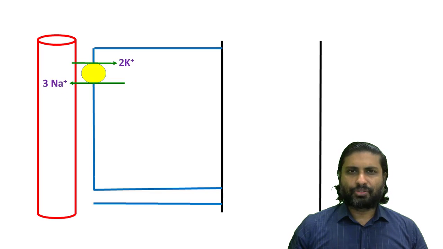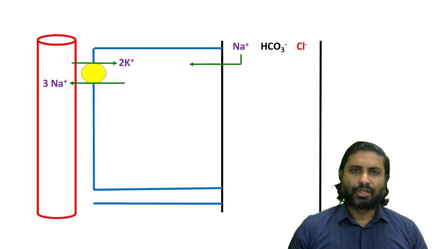Now there are 3 ions that we need to consider in the proximal convoluted tubule, and they include sodium, bicarbonate, and chloride. We shall see what happens to each one of these ions in the normal physiology that occurs in this particular part of the nephron. As far as sodium is concerned, sodium moves from the lumen into the cell via a pump. It is an antiporter or an exchanger.